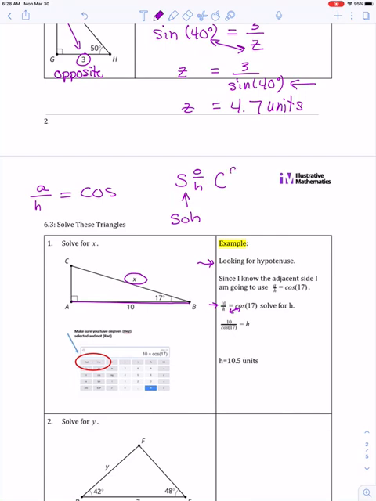SOH, CAH, and then TOA. So what this means is your sine is your opposite over hypotenuse. Cosine is adjacent over hypotenuse, and tangent is opposite over adjacent.